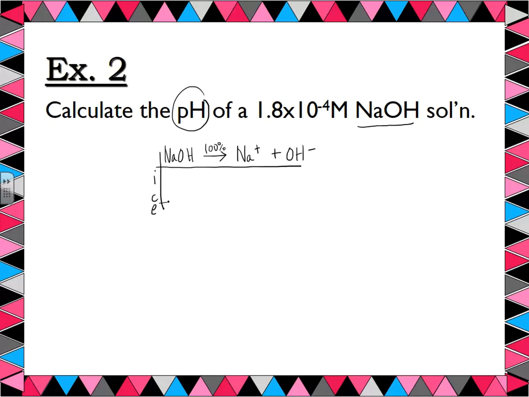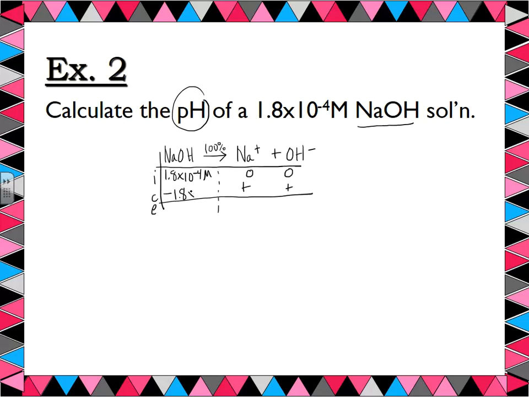We're going to ICE the problem. Remember, initially, there's none of the product present, so we know it's going to shift to the products, but we do have 1.8 times 10 to the negative 4 molar of the sodium hydroxide initially. Since this is a strong base, we're going to say minus, plus, plus, and all of it's going to be consumed.